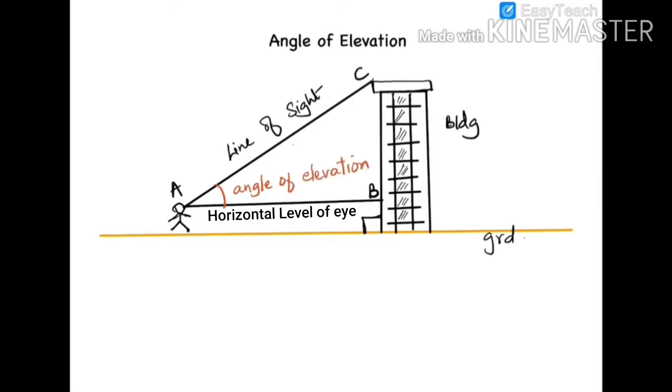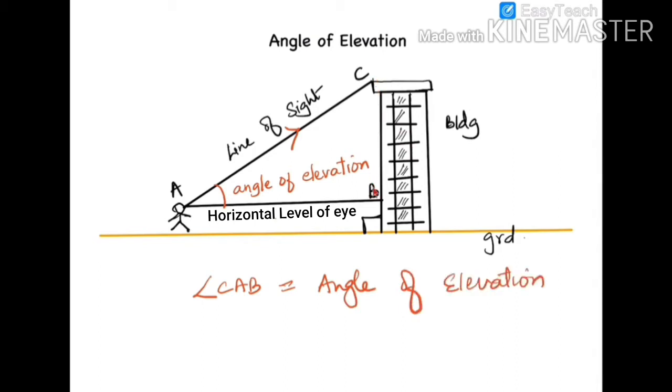So notice that the angle of elevation is always formed when we raise our head to look at an object. So the line of sight is formed above the horizontal level of the eye. So angle CAB is the angle of elevation in this figure.